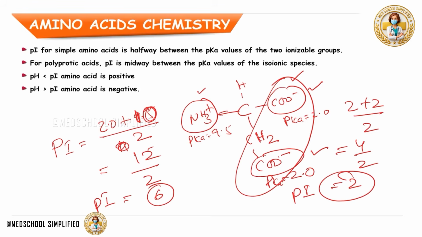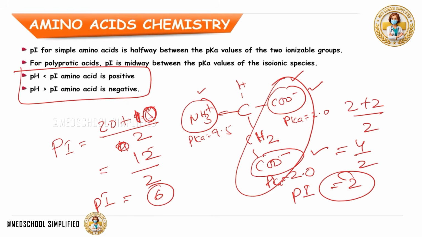For a simple amino acid, you take the two ionizable groups and take the average. For polyprotic species, where similar groups are there, you take the pKa value of the similar groups and take the average of it. Okay, so that's about it. The relationship between pH and PI, I already explained in the previous slide.